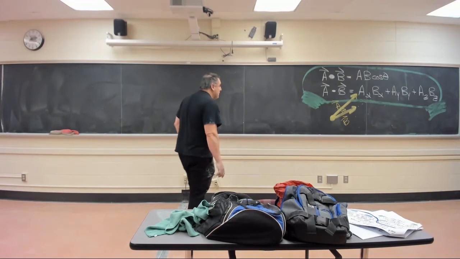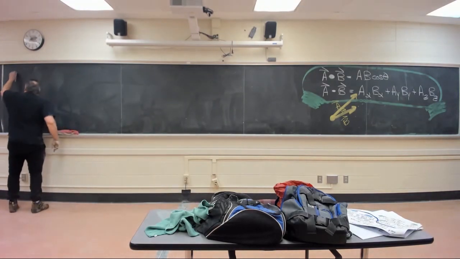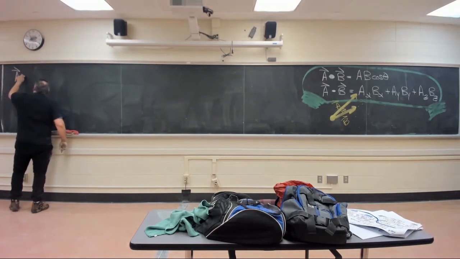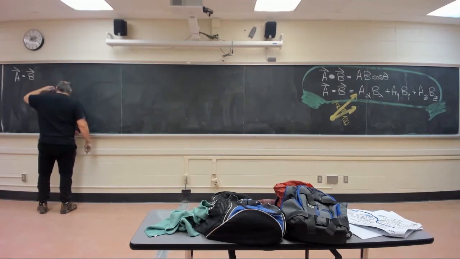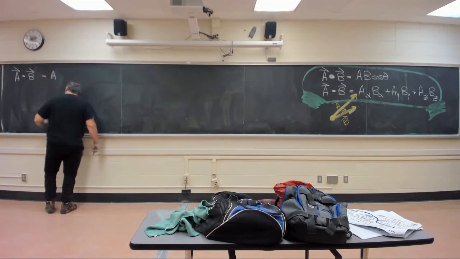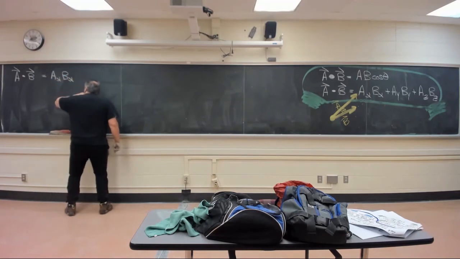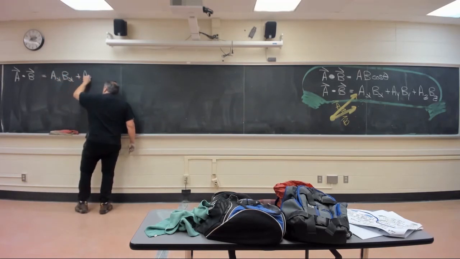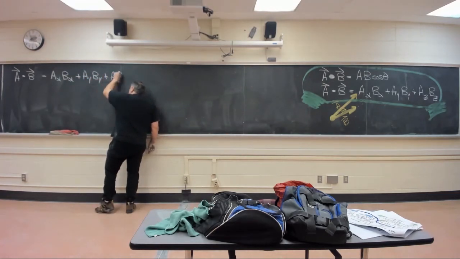What does this mean? Well, I think rather obviously it means this. A vector dot B vector. Let me use the A sub x's, A sub y's, A sub z's, the b sub x, b sub y, b sub z's. We said it's equal to this: a sub x b sub x plus a sub y b sub y plus a sub z b sub z.